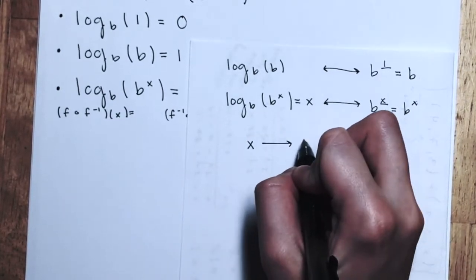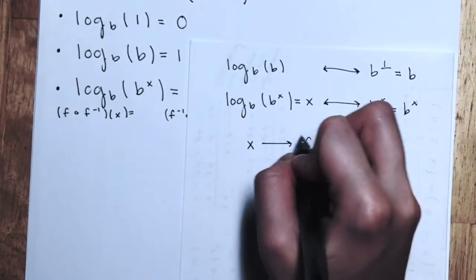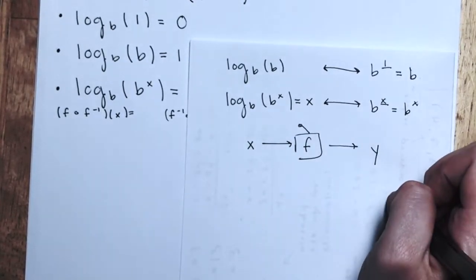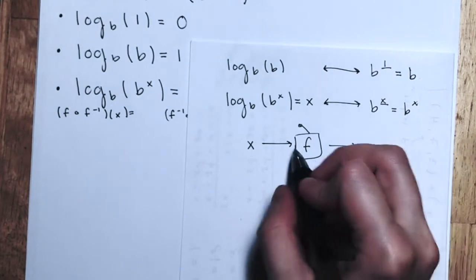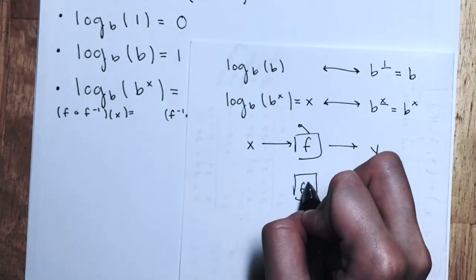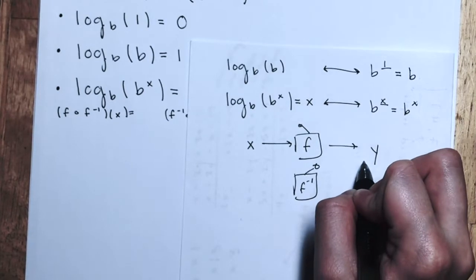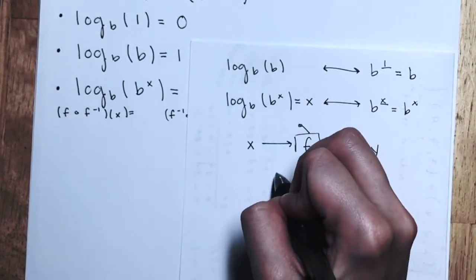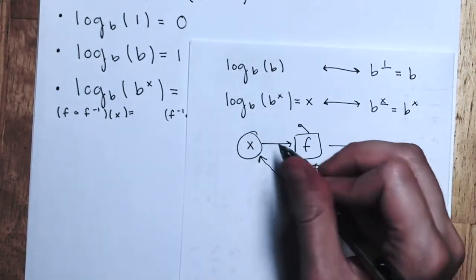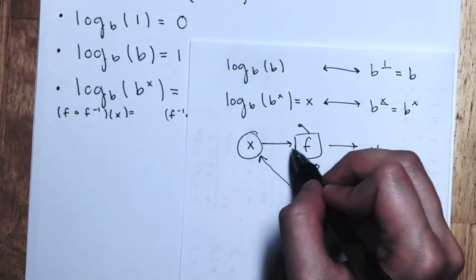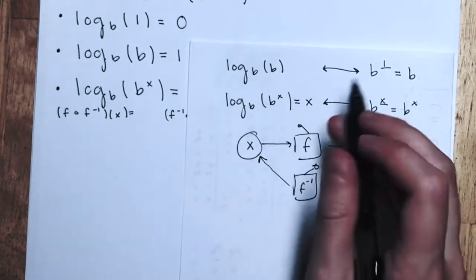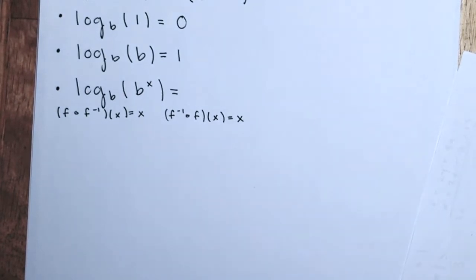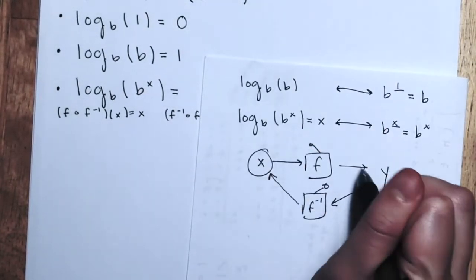We put it into the function, it takes it and spits out the output. But then our inverse takes that output and spits us right back out at the input. So if we put in x, we do the composition, and we get right back out to x. It works the same way if we're going this way as well.